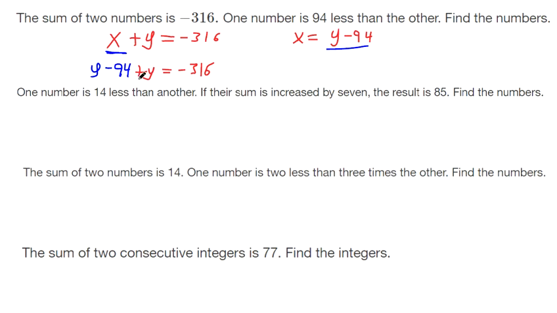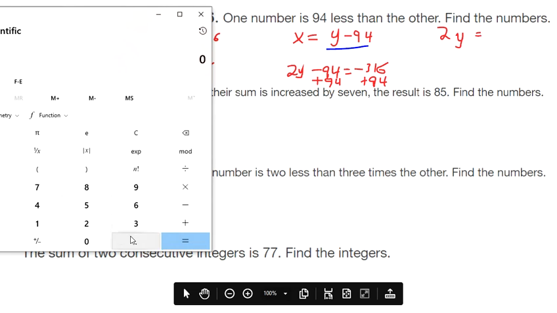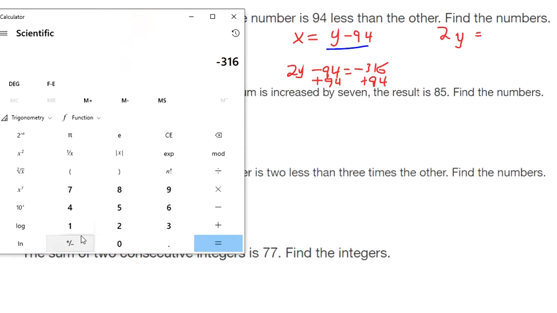Y plus y, they're already on the same side of the equation, so that makes 2y. And then I'm trying to get y by itself, so let's add 94 to both sides. So 2y is going to equal, handy dandy calculator, negative 316 plus 94, that makes negative 222.